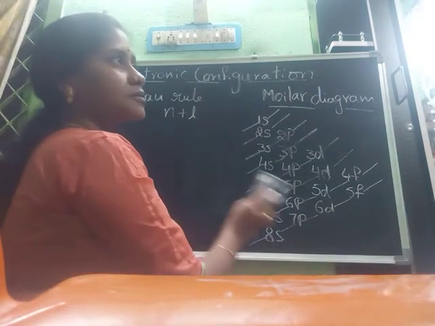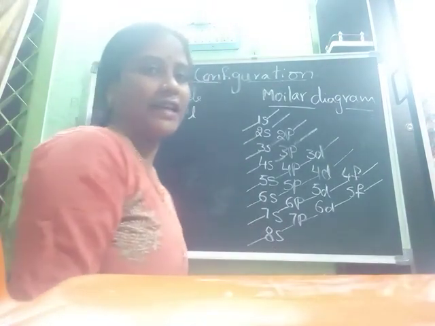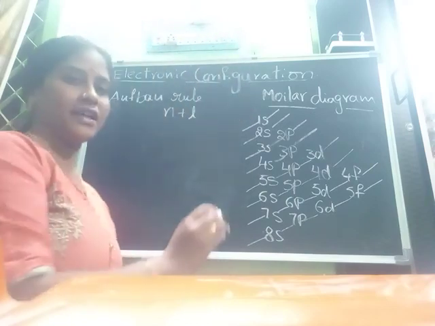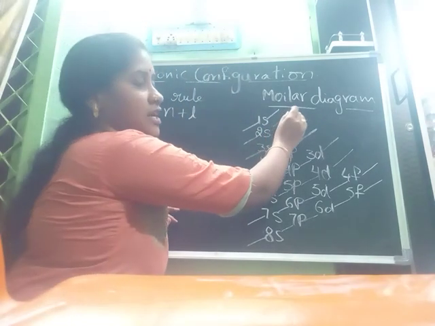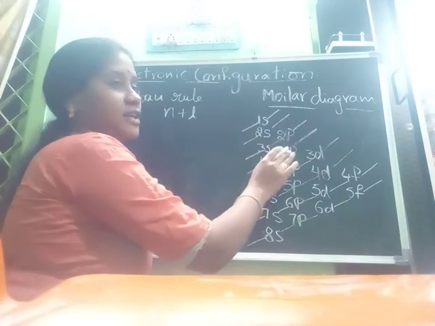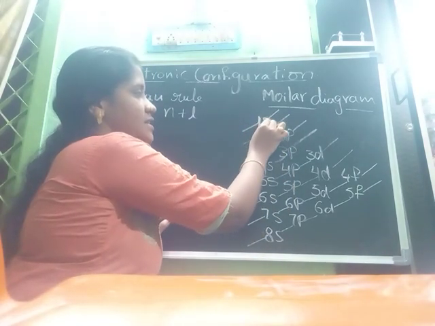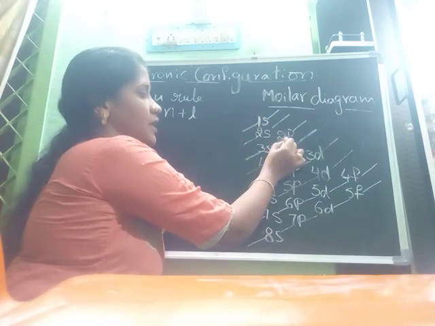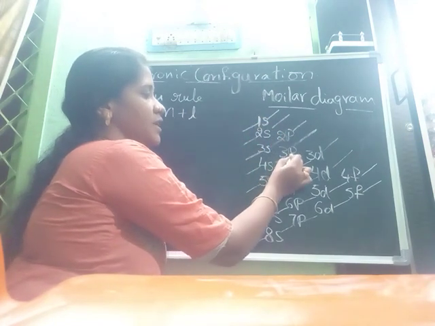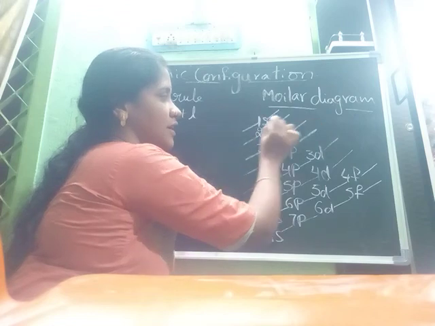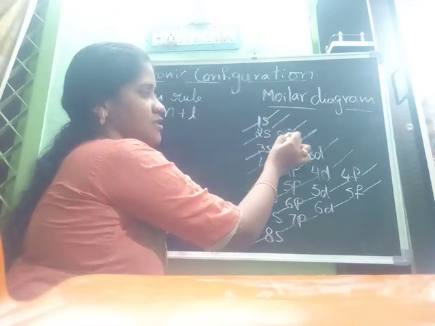First, to write the electronic configuration, we should write the Aufbau diagram. See, 1s, 2s, 2p, 3s, 3p, 3d. First you write in a straight line: 1s, 2s, 2p.